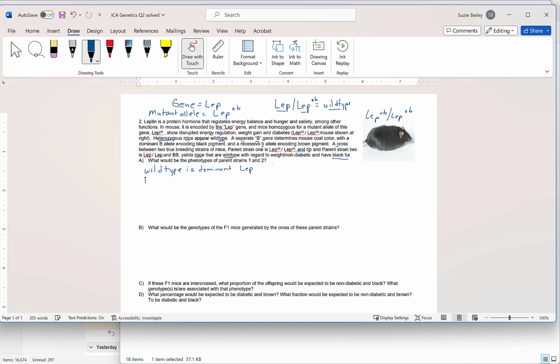The increase in weight and diabetic phenotype is recessive.